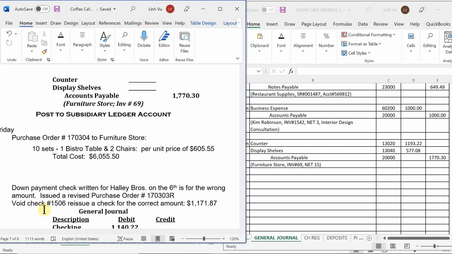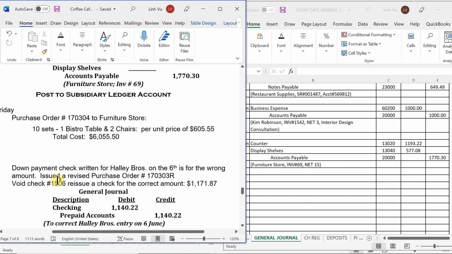Someone did not do their math correctly and realized that a third of the $5,015 divided by 3 is not $11.40.22. It actually turns out to be $11.71.87. So in this case, we must void the check because we already issued it.